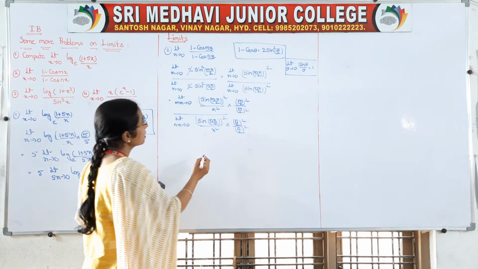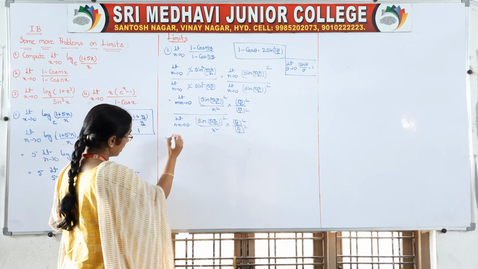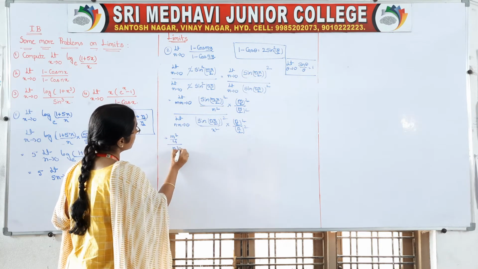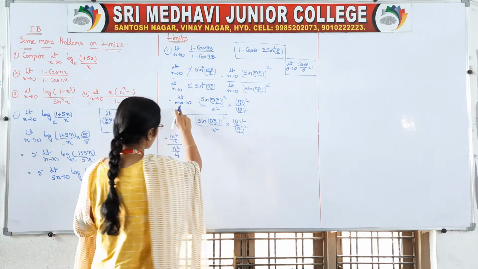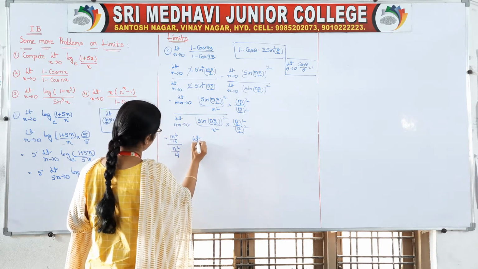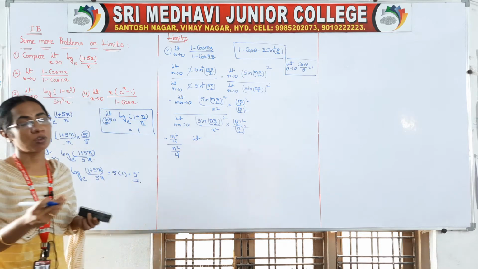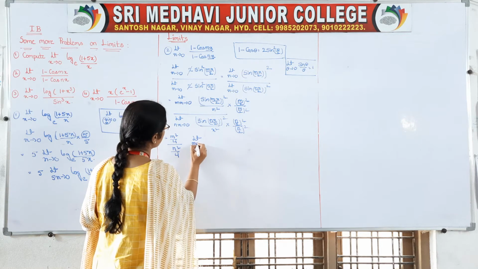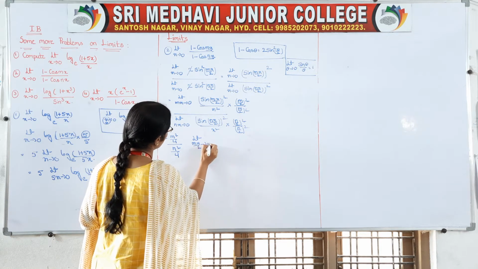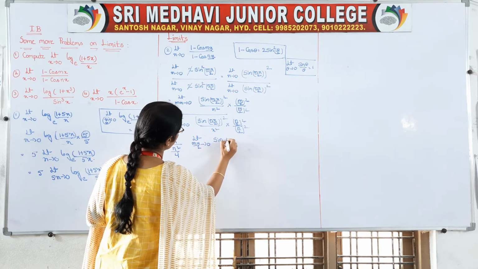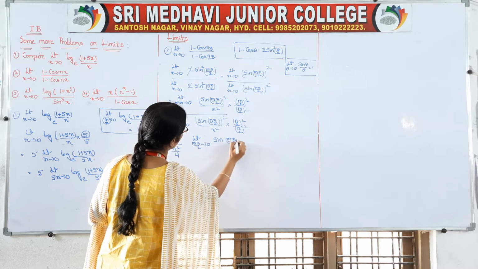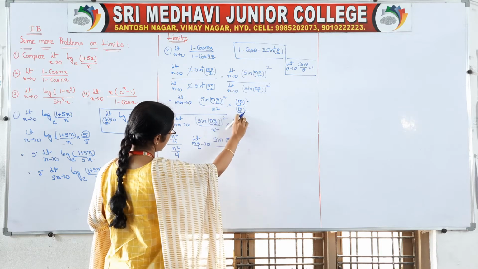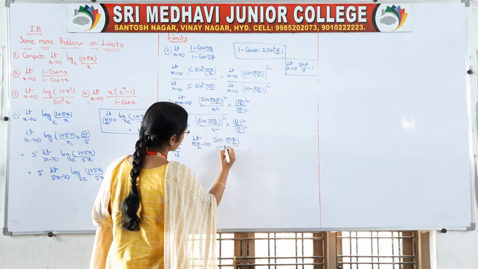So what happens if we write outside? It is m square by 4 and downwards n square by 4. If mx tends to 0, mx anything tends to 0, that means 0 by anything is again 0 only. So we can write mx by 2 tends to 0, sin mx by 2 by, take this m by 2 whole square along with x square.